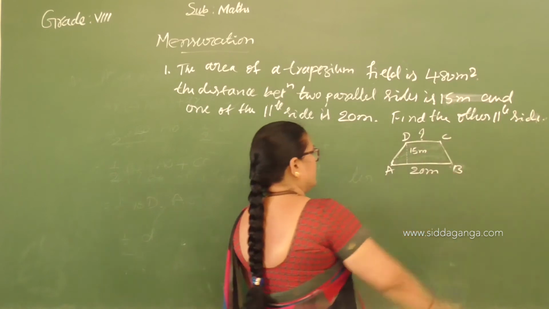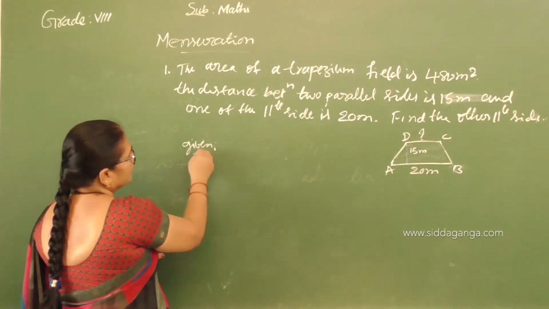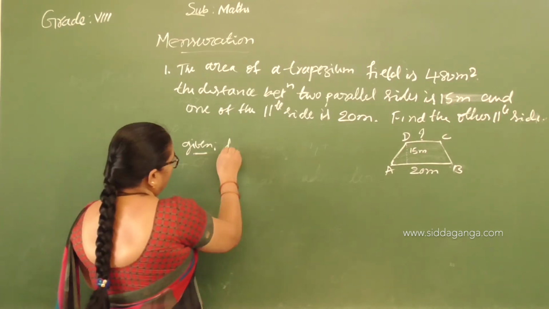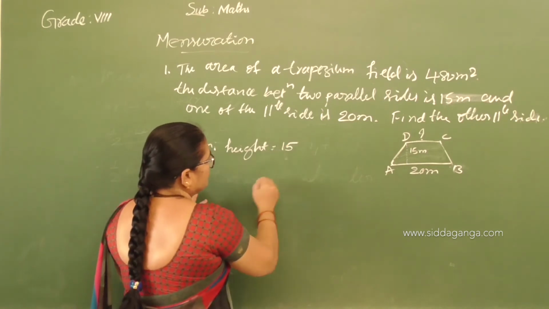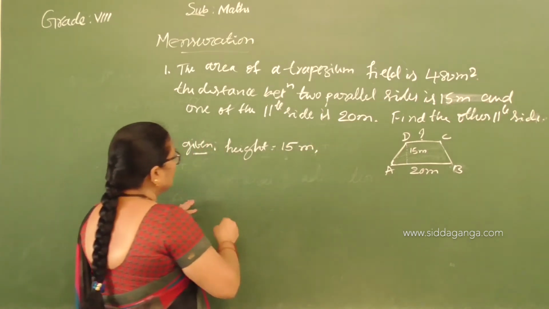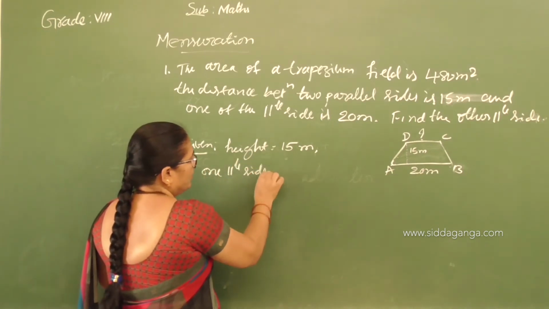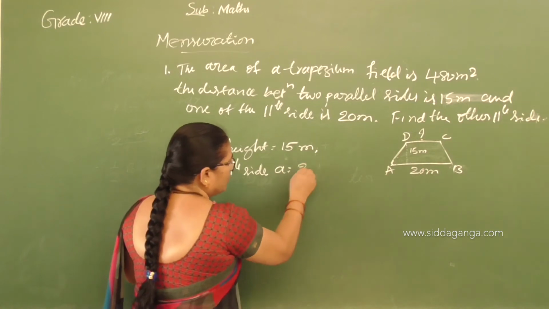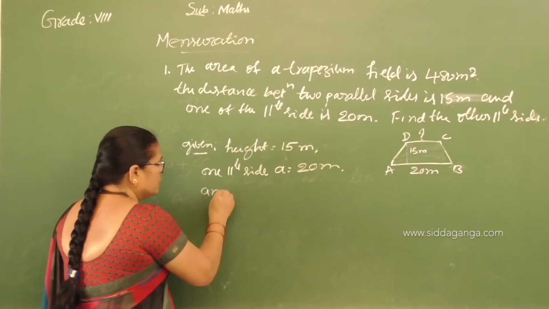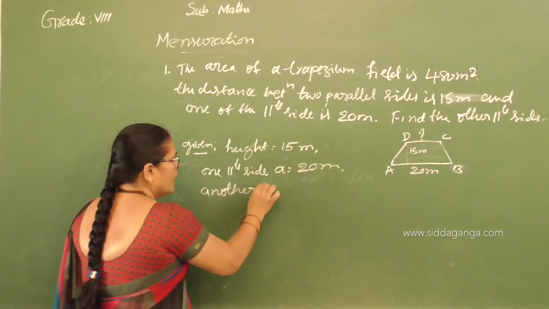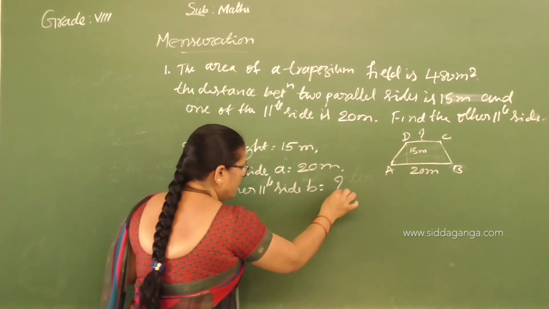Find the other one. First, I will write the given: height of the trapezium field is equal to 15 meter, one parallel side a is equal to 20 meter and another parallel side b is equal to question mark.